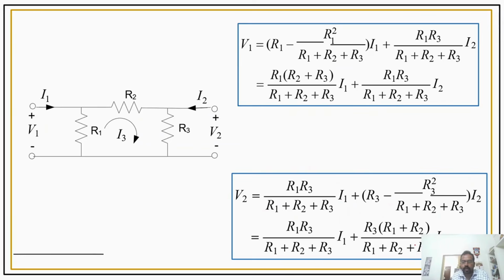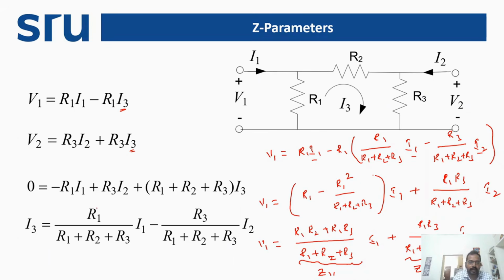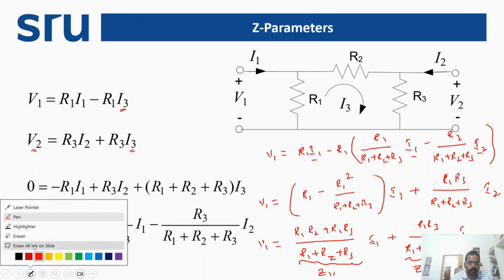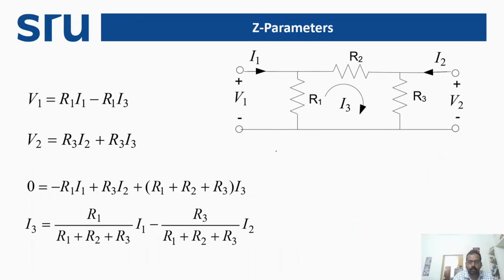Now if you substitute this I3 in the second equation, let us see what happens. My V2 will be equal to R3 I2 plus R3 into R1 by (R1 plus R2 plus R3) into I1 minus R3 divided by (R1 plus R2 plus R3) into I2.